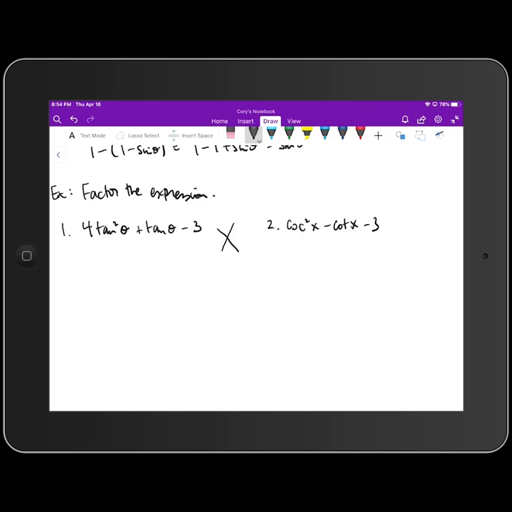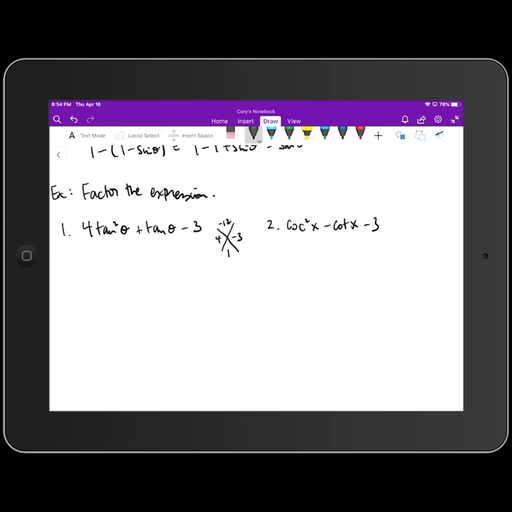So I like the technique of making an x to factor this, where the number that's going to go on top is the product of the leading coefficient and the constant term, which is negative 12. The number that's going to go on bottom is the coefficient of the linear term, which is the middle term, which is 1. And then we're looking for two numbers that multiply to give negative 12 and add to give 1. And those are 4 and negative 3.